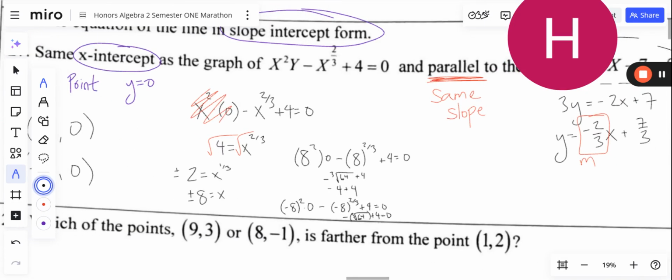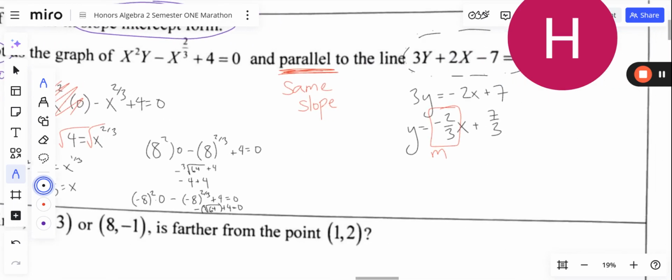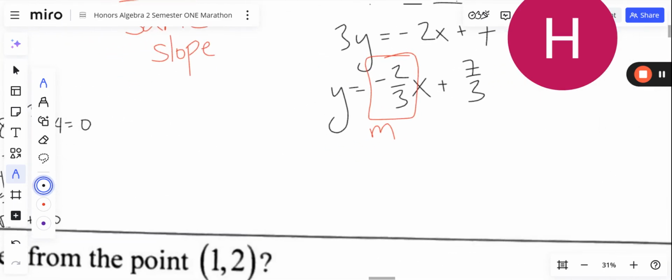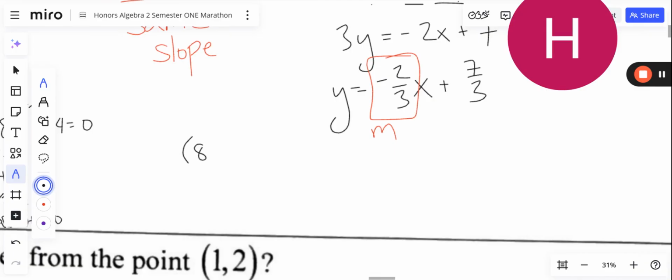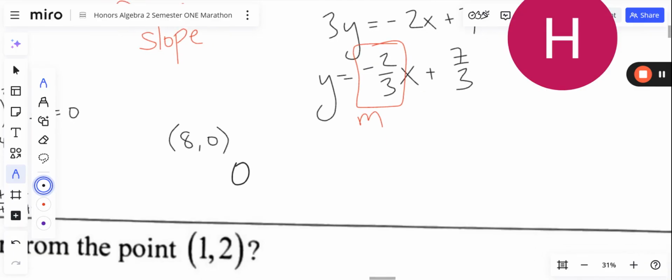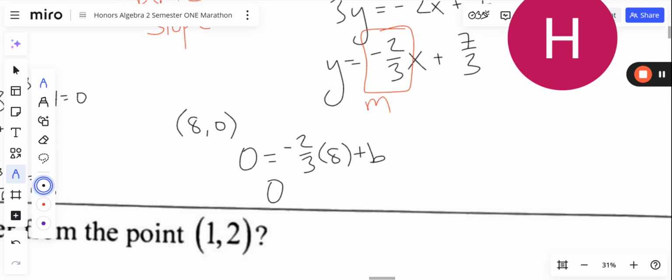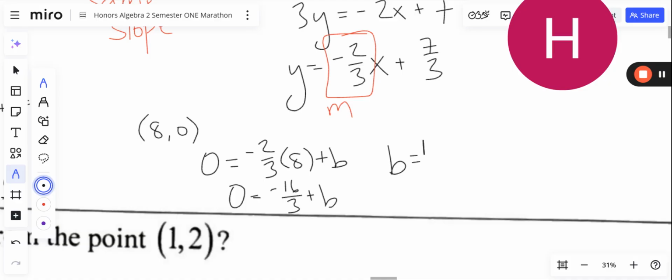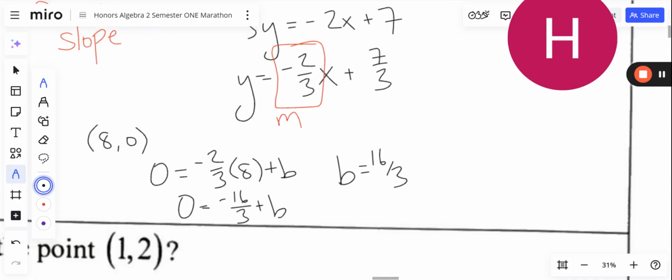Let's use the point 8 comma 0. So we have 0 equals negative 2/3 times 8 plus b. So 0 equals negative 16/3 plus b, and so b equals 16/3.